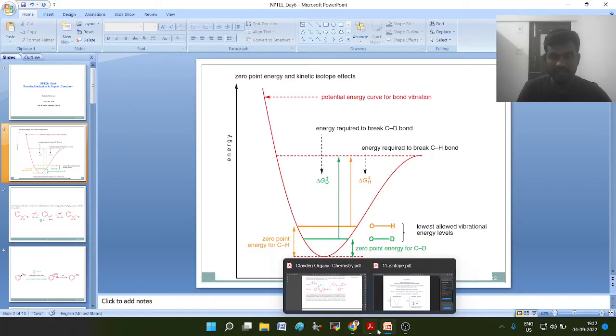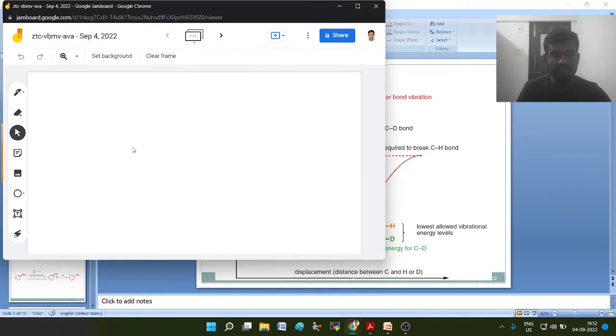So what we can write is that we are comparing two rate constants: a rate constant with a hydrogen atom and another rate constant with a deuterium atom. Since the rate is fast because of lower activation energy, the rate is high here.